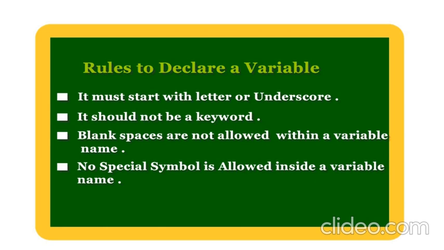There are 32 keywords available in C, and you cannot use any keyword as a variable name. No blank spaces are allowed within a variable name, and no special symbols are allowed inside a variable name, such as @, hash, $, the modulus operator, and much more.